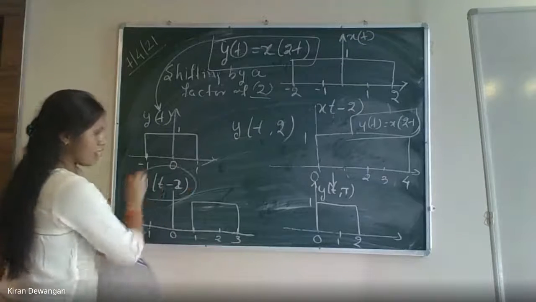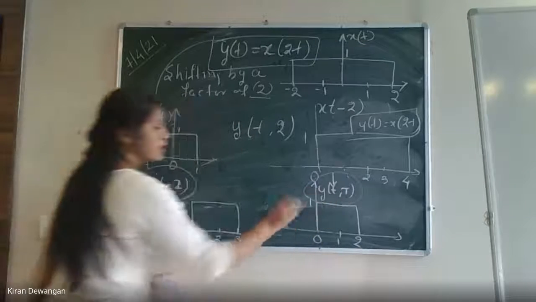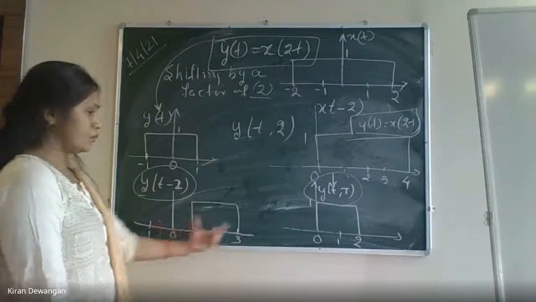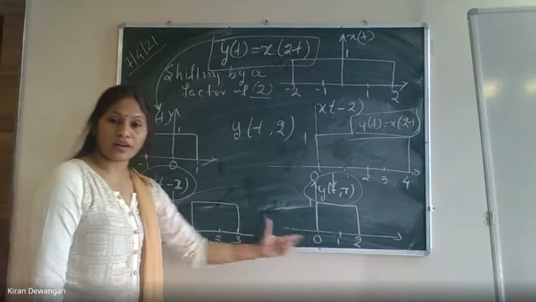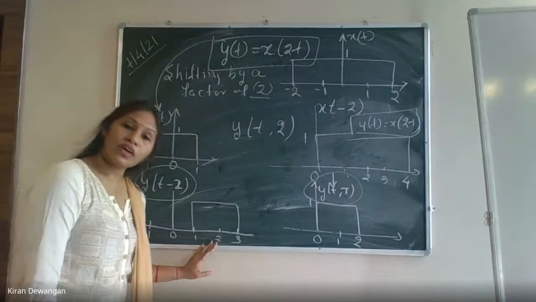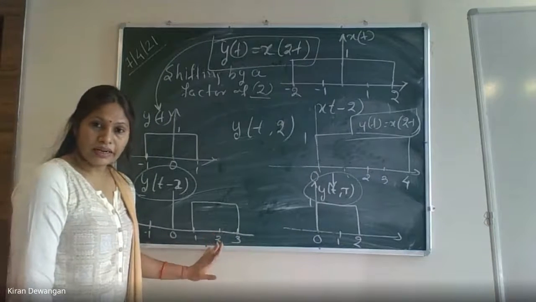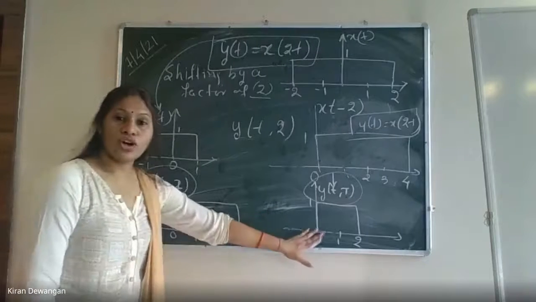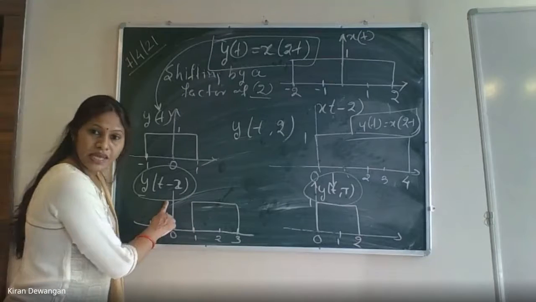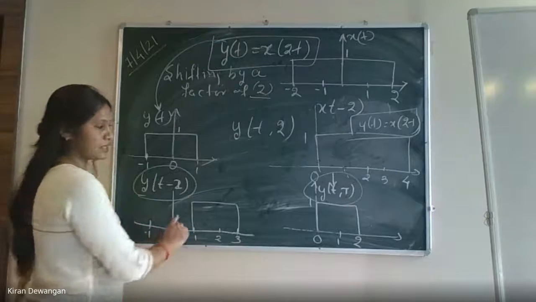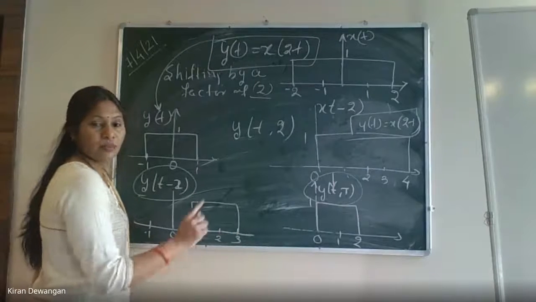Now this one and this one are not same. Can we check with the plots? This plot is not same with this plot. Hence, it's a time variant system. Is this clear now? This plot is not same as this plot. These two plots have to be same, then only we can declare whether it's a time variant system or invariant system.